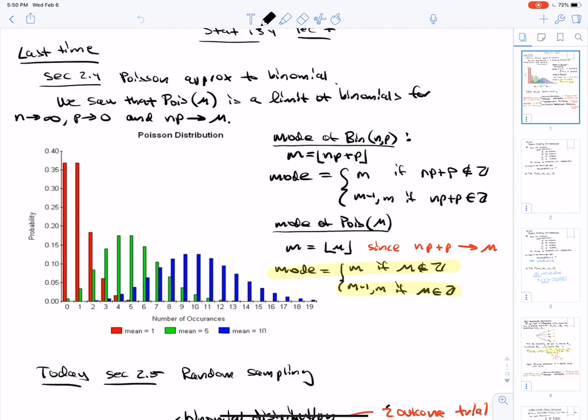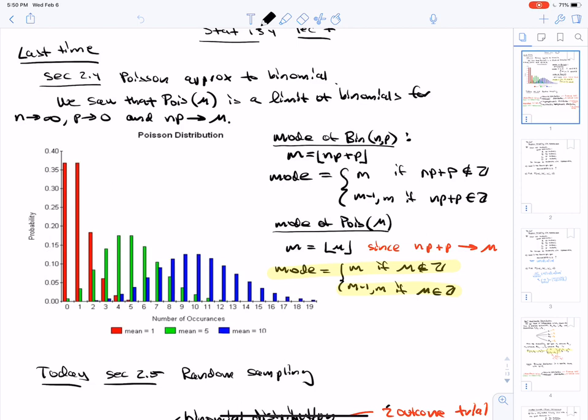Well, if you convert this to Poisson by thinking of np going to mu and p going to 0, then you see that the mode is the floor of mu if mu is not an integer, and m minus 1 and m if mu is an integer.